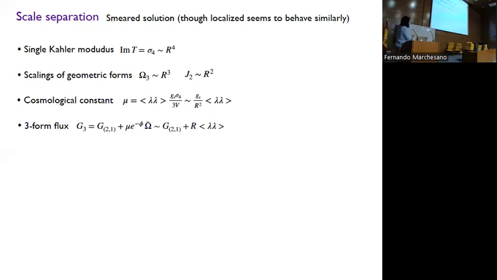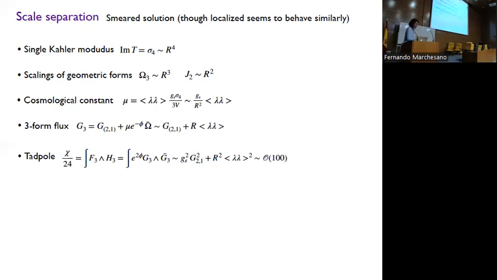The three-form flux has a piece, which is (2,1), that goes independently, and then this mu that scales like this. The tadpole tells us that this has to be order of 100, but this can be satisfied, so this can be order of 100, and then this can be very small, and there's no problem with the tadpole.